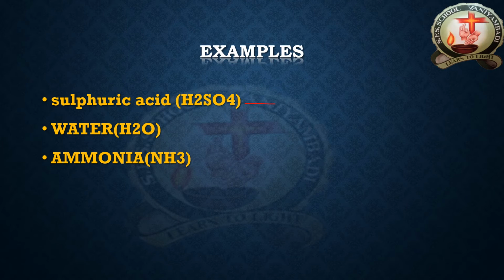Okay. H2SO4: first you can write what is the H? H is hydrogen. Then how many H are there? 2 H are there. Okay, then sulfur, S-U-L-P-H-U-R. Same symbol S. How many sulfur are there in your compound?